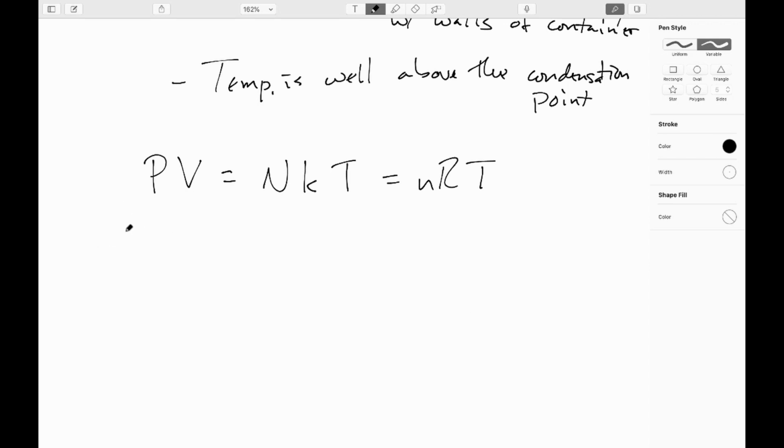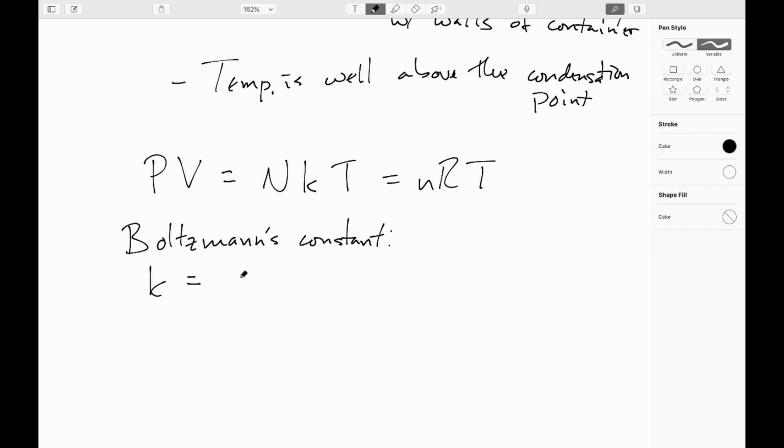So on the way to the new definition of temperature, temperature has been redefined, defined through setting Boltzmann's constant to be an exact number.